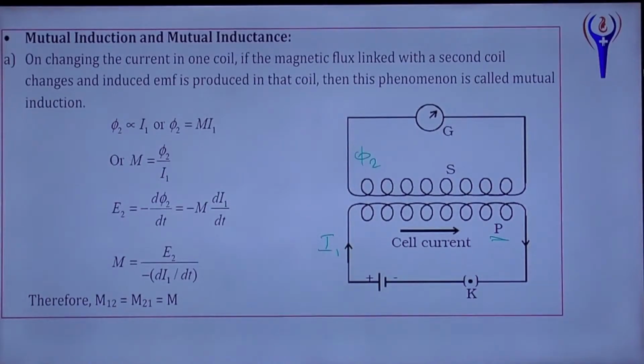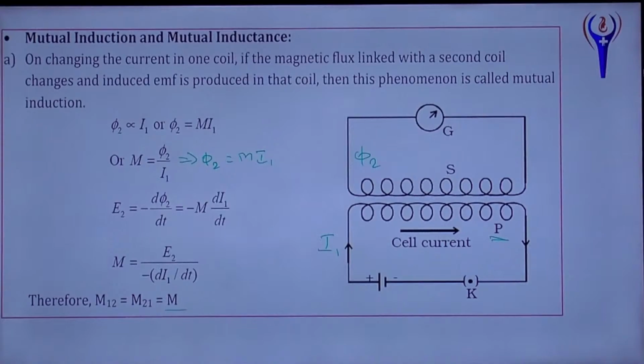E2 equal to minus d phi 2 by dt, substituting phi 2 equal to M I1, M is a constant, so E2 equal to minus M into di1 by dt, then M equal to E2 by minus di1 by dt. M12 equal to M21, simply denoted as M.